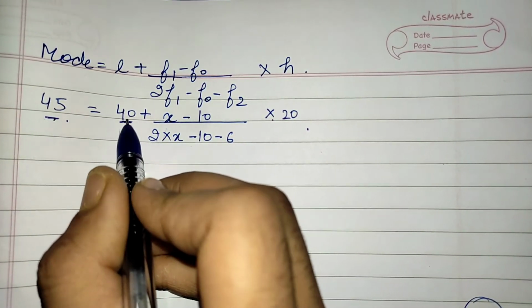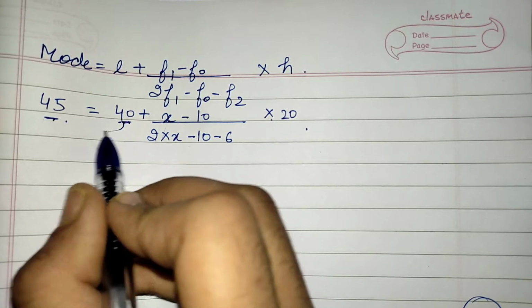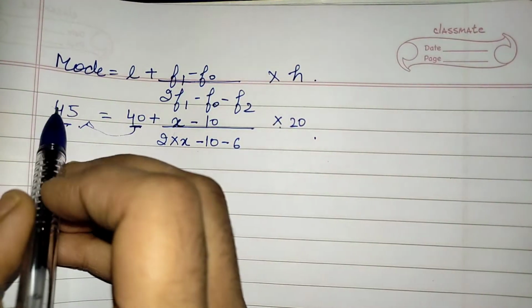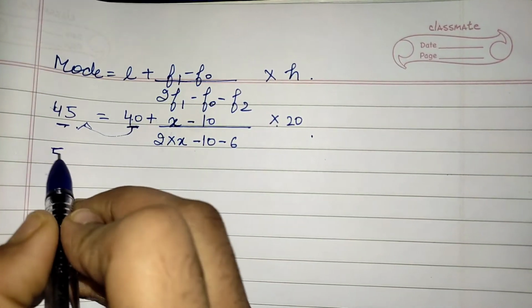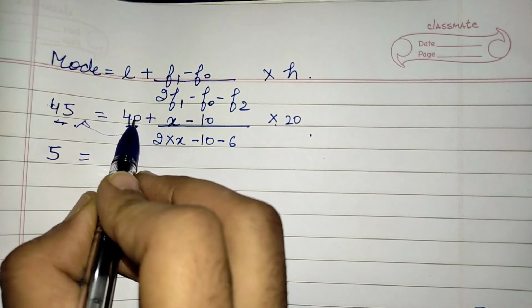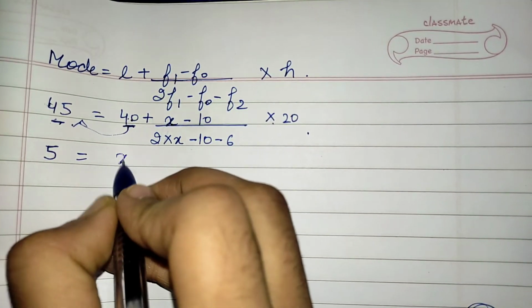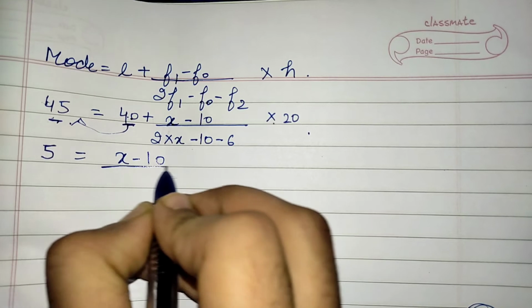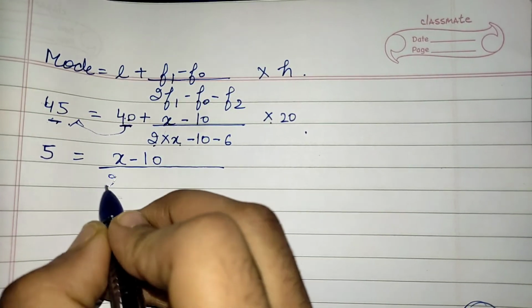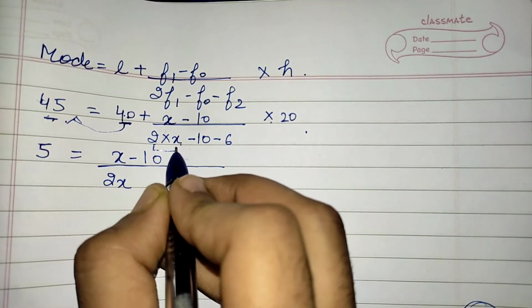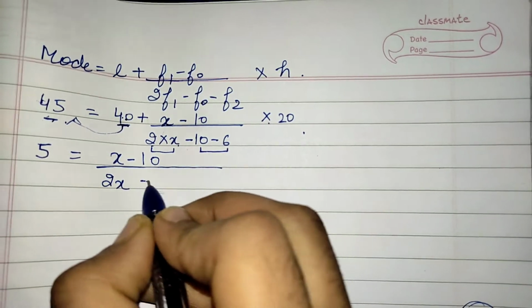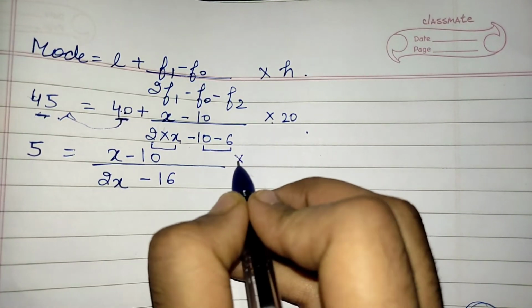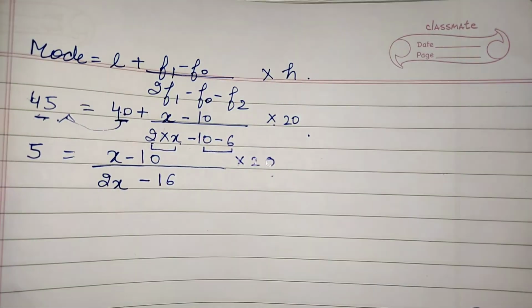So how can we find it out? This 40 is being added here, so let's subtract it here, and 45 minus 40 will become equal to 5. So my answer will be (x minus 10) divided by (2x minus 16) into 20.